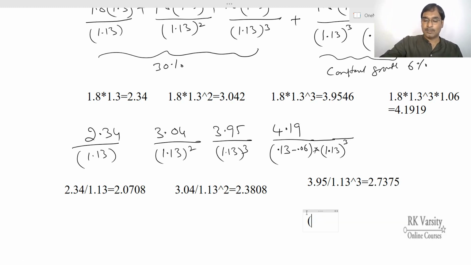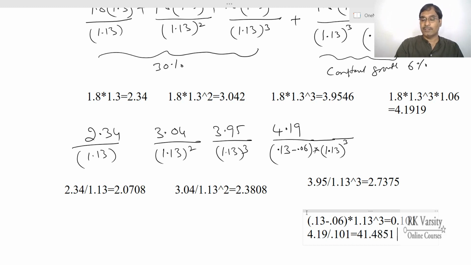Then 0.13 minus 0.06 times 1.13 raised to the power of 3, so this is 0.101, then 4.19 divided by 0.101 equals 41.48.